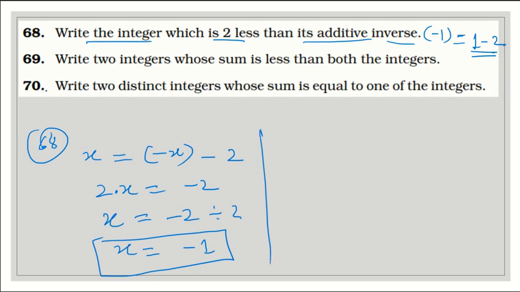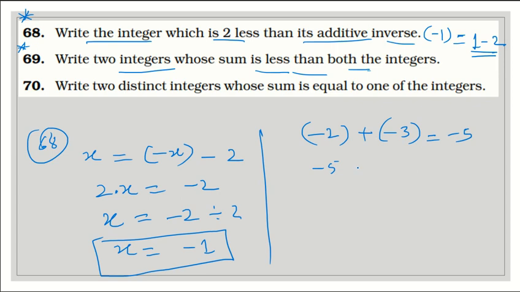Similarly, the 69th question is also very important. Same type of question. Write 2 integers whose sum is less than both the integers. See children, here in the 69th, you can take any 2 negative integers. For example, if I take minus 2 added to minus 3, it gives me minus 5, where minus 5 is less than minus 2 and minus 5 is less than minus 3 also.